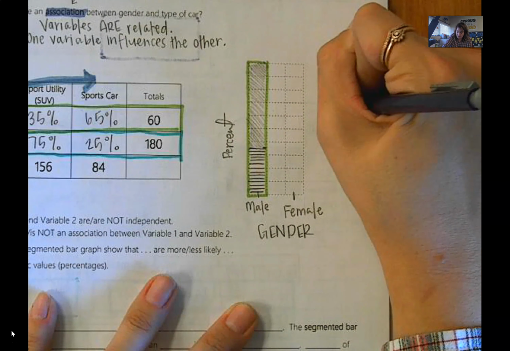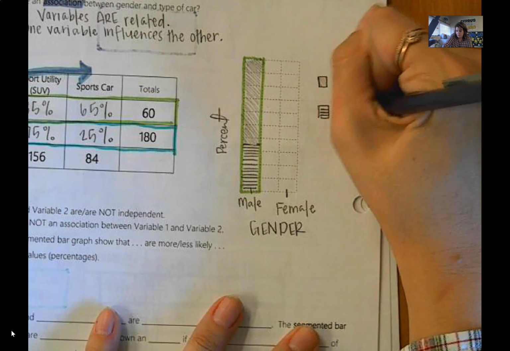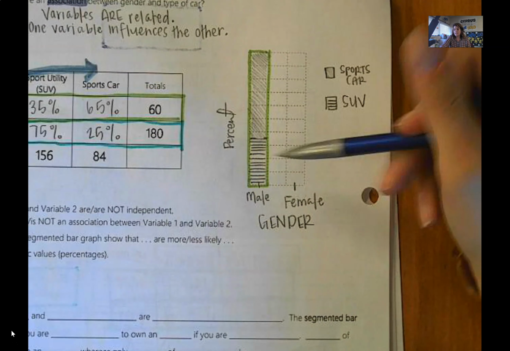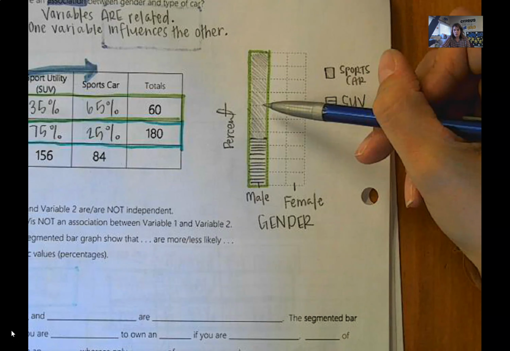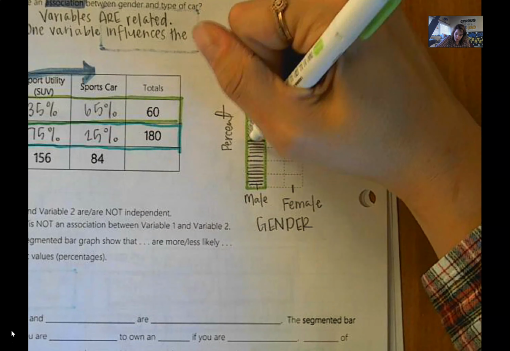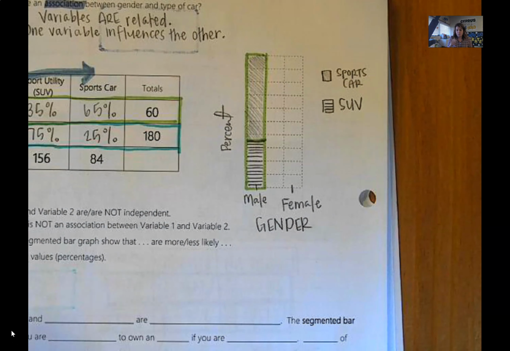And then my other pattern represents SUVs. So this is a visual representation of how many males drive an SUV and how many males drive a sports car.